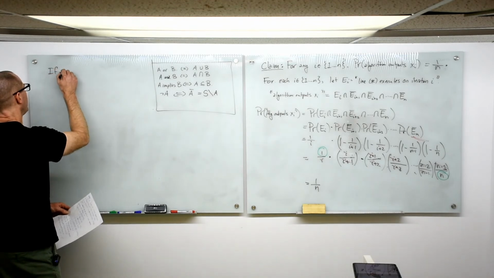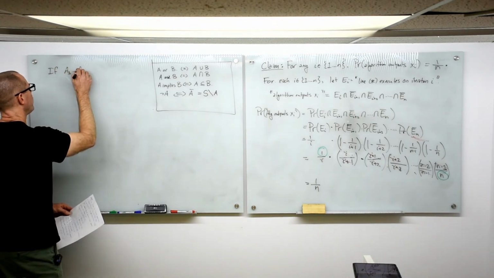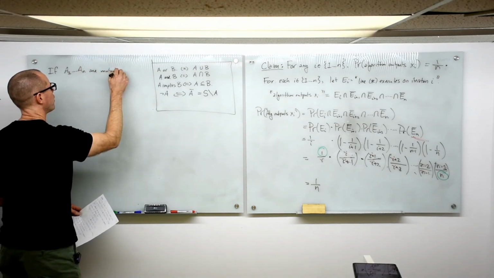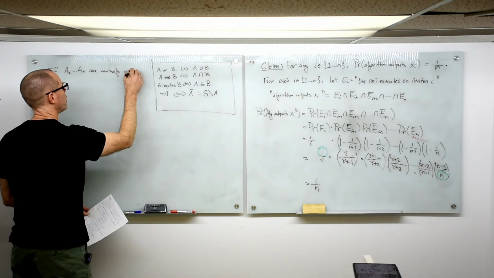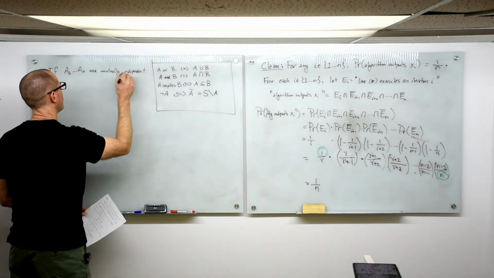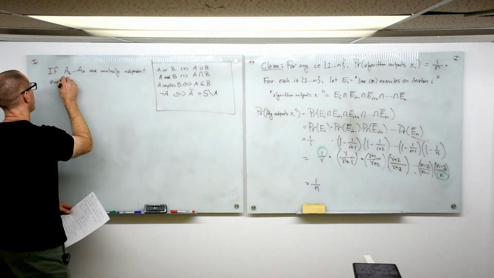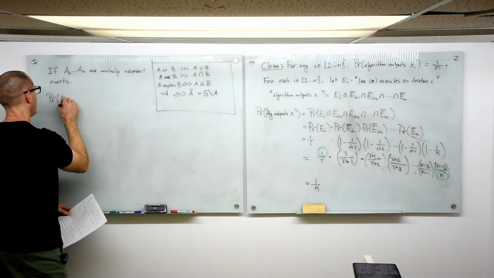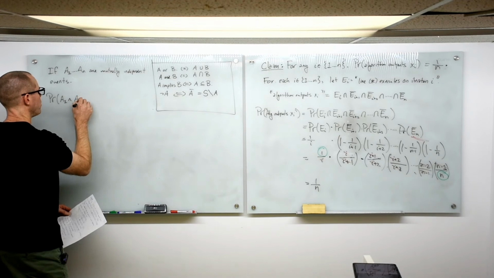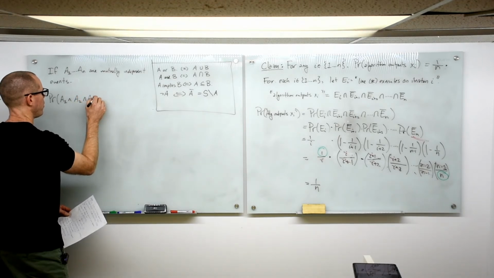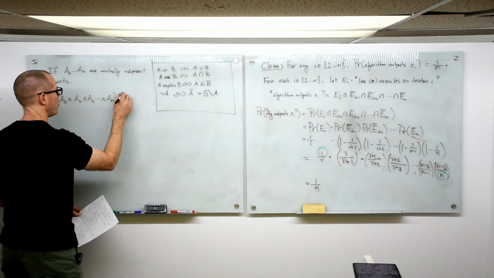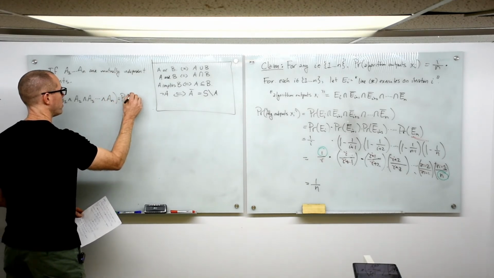If A1 through AN are mutually independent events, then the probability of A1 and A2 and A3 and AN is just the product of the probabilities.